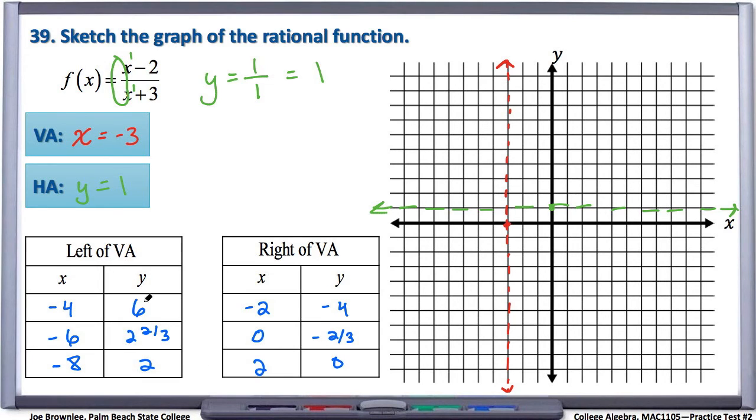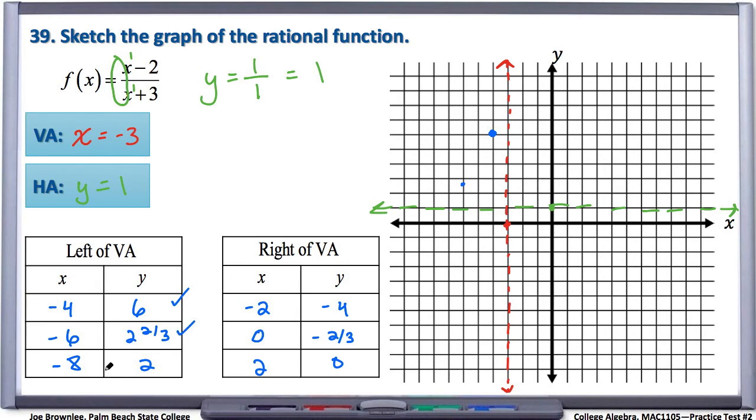Now we're ready to plot all of these and see what our graph looks like. Negative 4, comma 6: there's 1, 2, 3, 4, 5, 6. Negative 6, and then 2/3, so negative 4, negative 5, negative 6, and 2/3, somewhere around there.